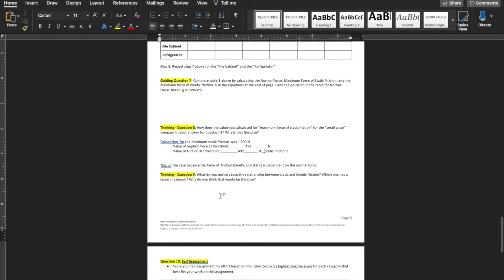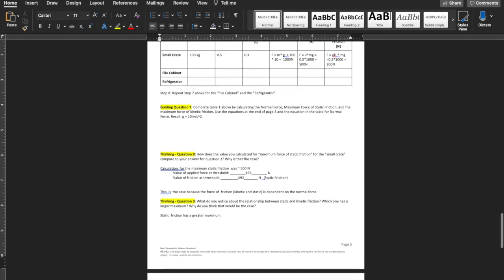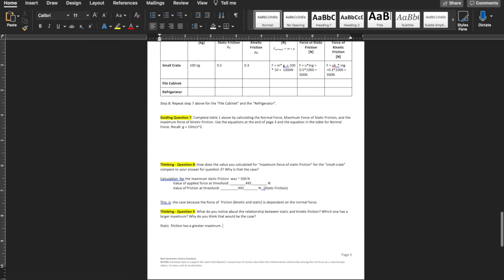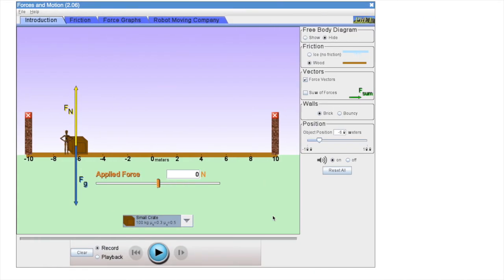All right, what do you notice about the relationship between static and kinetic friction? So static friction has a greater maximum than kinetic friction. And then why do you think that might be the case? Well, that's an interesting question.